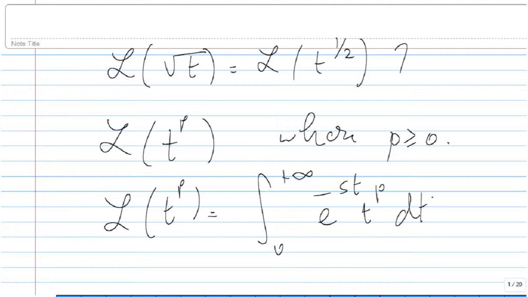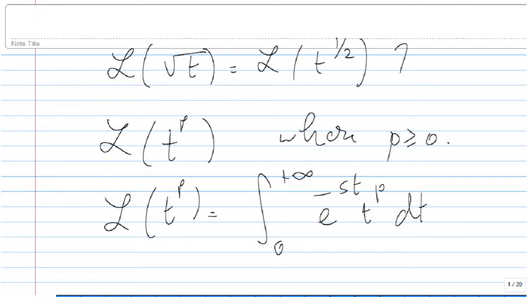So you see, when p is negative, e to the minus st does not present any improper behavior at 0. But t to the power p, if p is negative, will introduce a vertical asymptote at 0. Therefore, we have an improper behavior at 0.